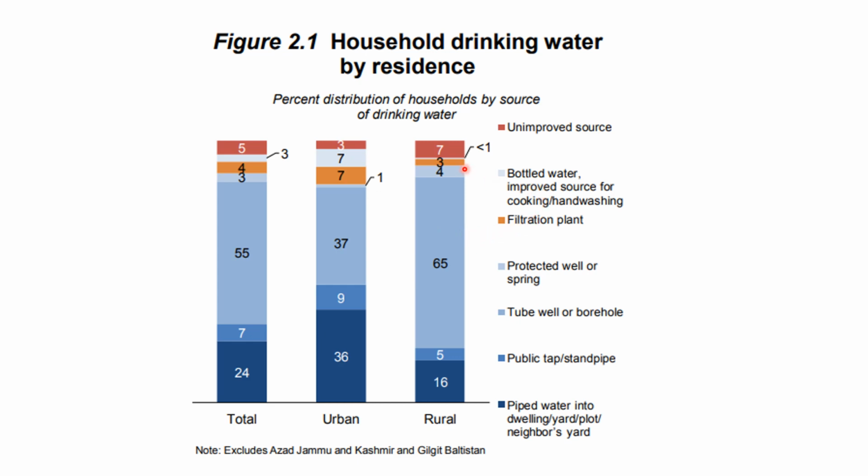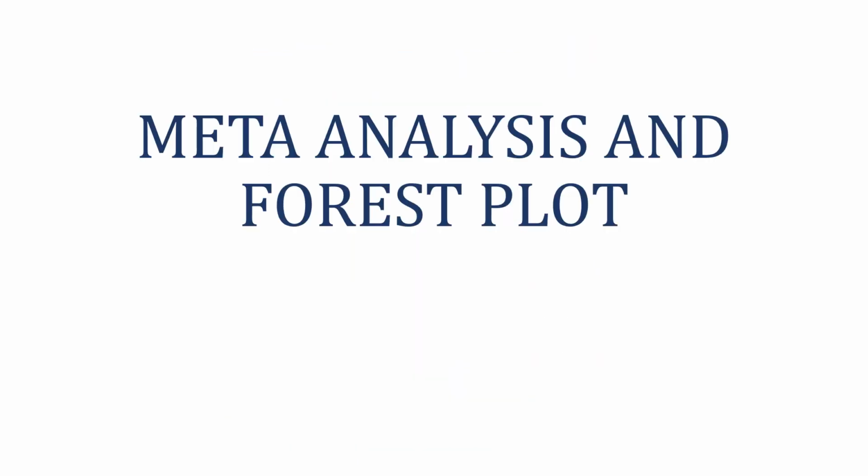Bottled water is rarely used in the rural area as compared to the urban areas, and unimproved sources are more in the rural areas as compared to the urban. So overall this is telling us the sources of water supply that people are having in the urban as well as in the rural sector.